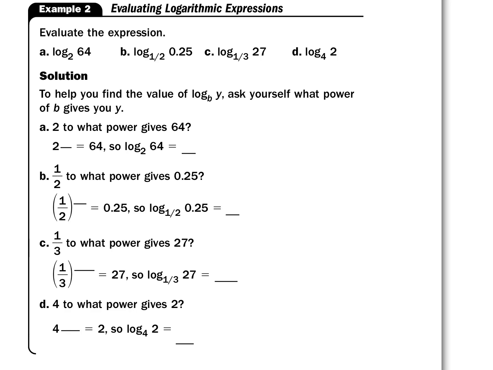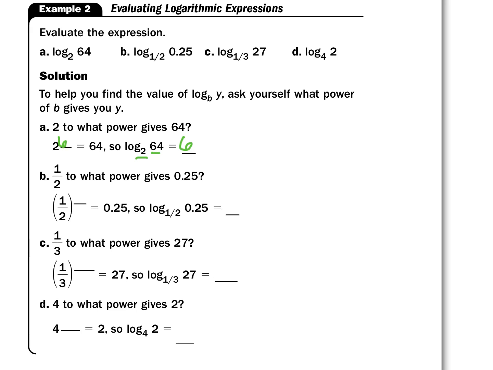So that's 2 to the 6th power, 2 multiplied by itself 6 times. So 2 to the 6th power is equal to 64. So log base 2 of 64 is equal to 6. That's the exponent that I would put on 2 to get to 64.